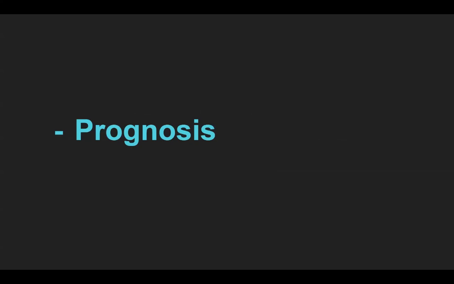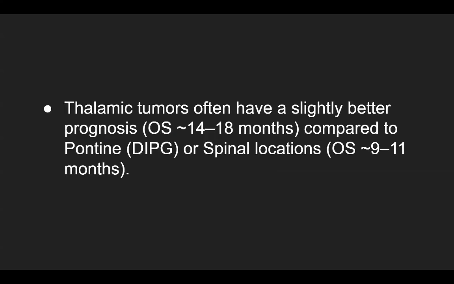So, what is the prognosis? We all know that despite a lot of advances, we are still not very successful in terms of treating the diffuse midline gliomas. Thalamic tumors have slightly better prognosis, roughly around 14 to 18 months compared to pons.